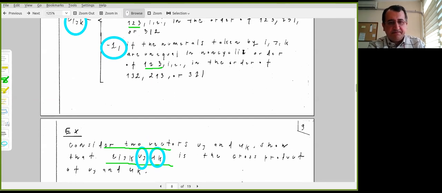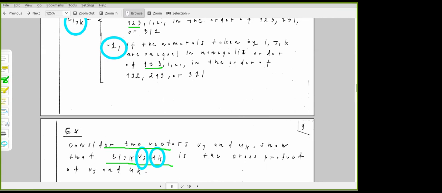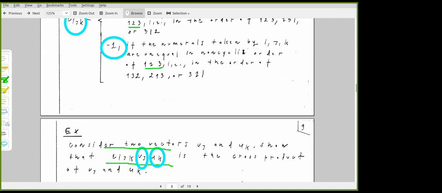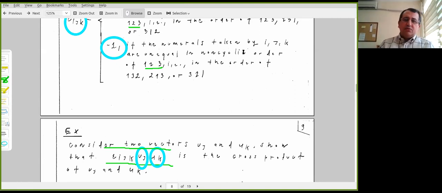What's the number of free indices? How many free indices do we have here? You know this, right? One free index. And then how many terms? If the number of free indices is 1, 3 terms. Yes, there are 3 terms. That's right.